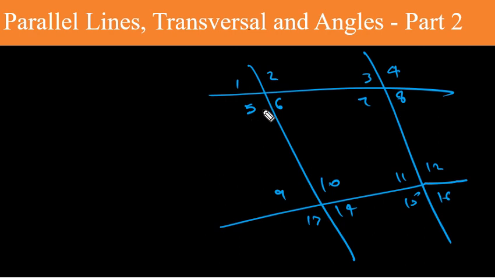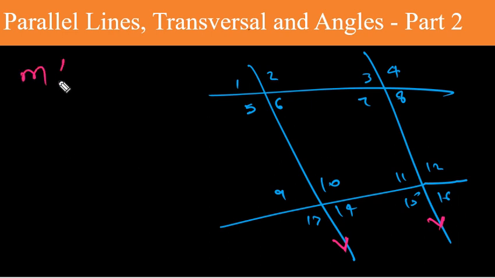These are the angle numbers. These two lines are parallel, and these are transversal. When I draw this kind of arrow, I'm saying that these two lines are parallel, just to differentiate, and these two are transversal.